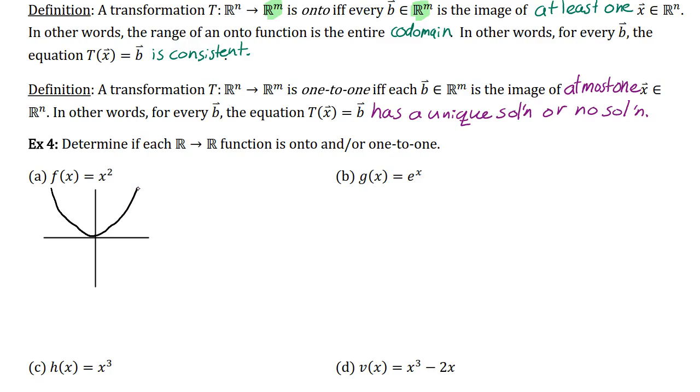The domain is all real numbers here. The codomain is all real numbers there, the whole y-axis.